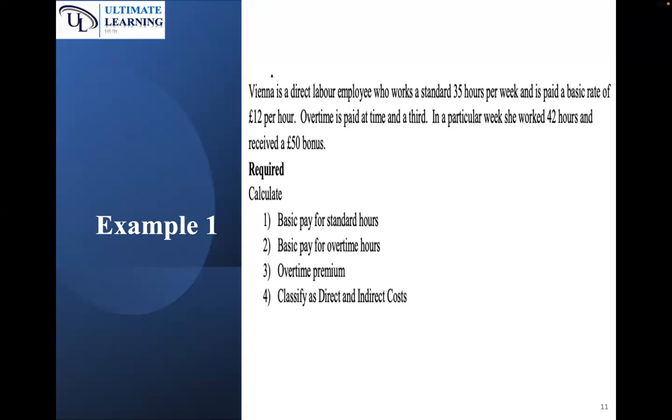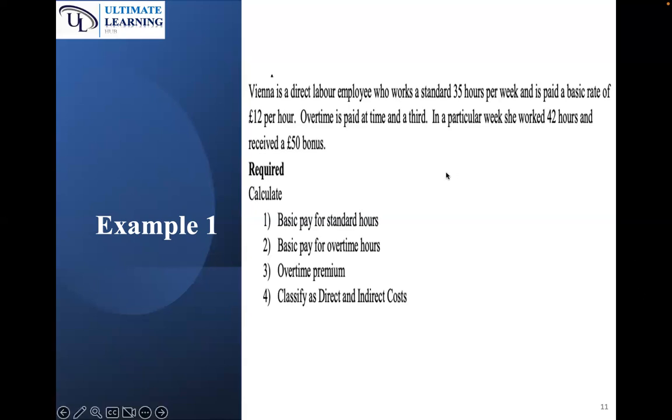For classification of labor costs, everything paid to indirect employees is indirect labor cost. For direct employees, basic pay for standard hours and basic overtime is direct labor cost. Overtime premium and allowances are indirect labor costs.